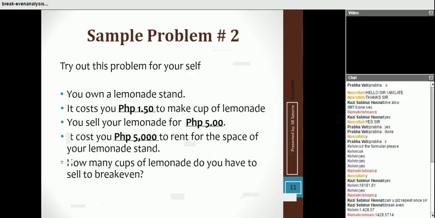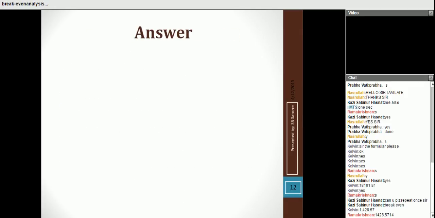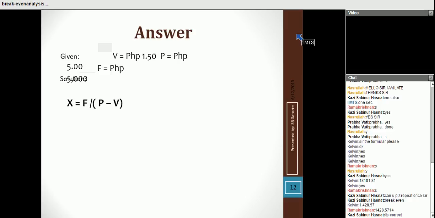Okay, let's see the answer together. V is 1.50, P is 5, F is the fixed cost, that is 5000. Let's see the solution. We know this formula, X is equal to F over P minus V. So F is 5000, P is 5 and V is 1.50. So X is equal to 5000 divided by 3.5.